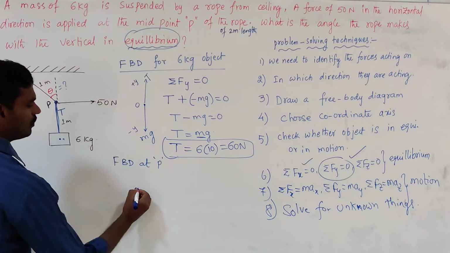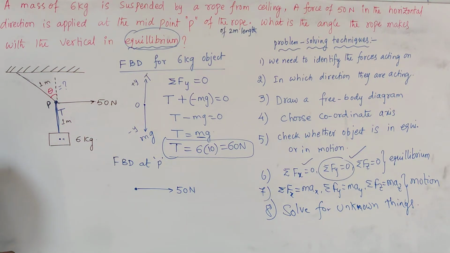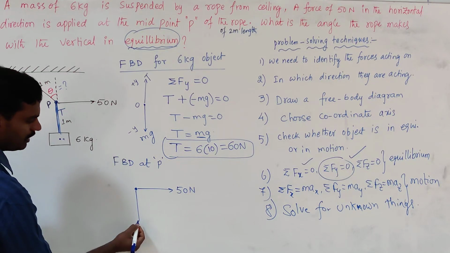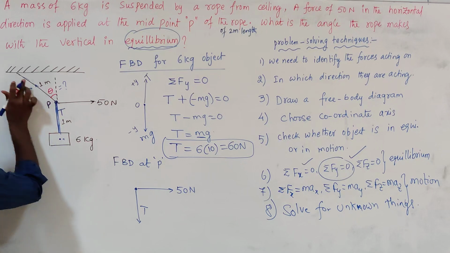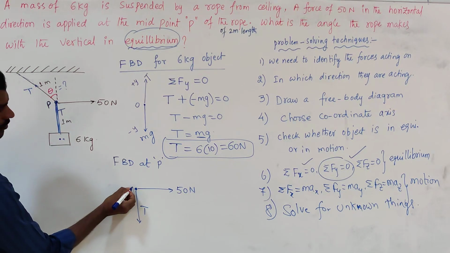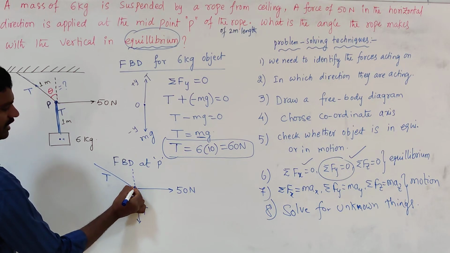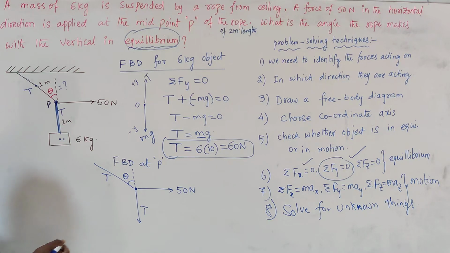One is a horizontal force of 50 newtons. Tension is acting down, and this is also a tension acting in this way. The tension is making an angle of theta with the vertical direction.